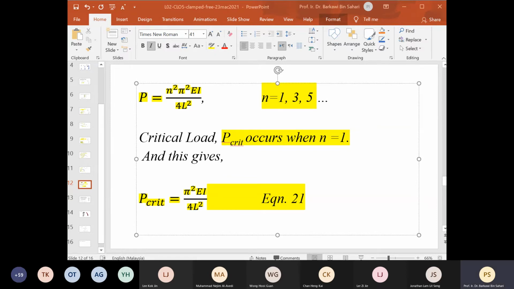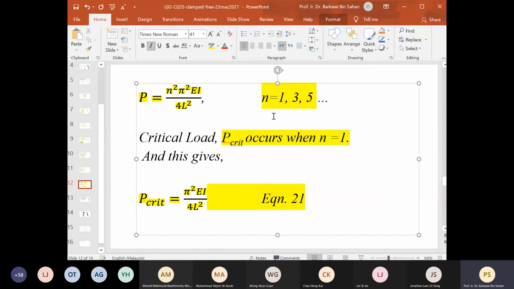Why did we use n equal to 1? Yeah, because that's the lowest, to get the lowest value of critical load.